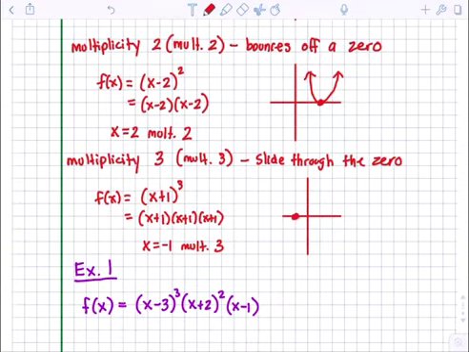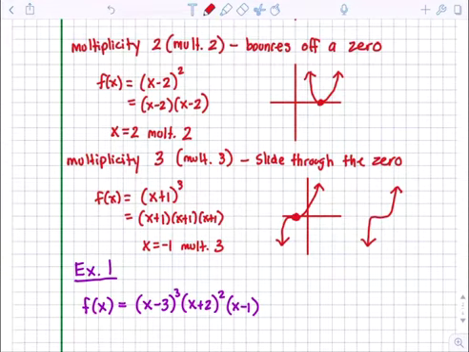Your 0 is at -1, and it's going to slide because there's a multiplicity of 3. So your graph will look like that. And if it's hard to see, this is what a slide looks like. Alright, so that is what multiplicity is.